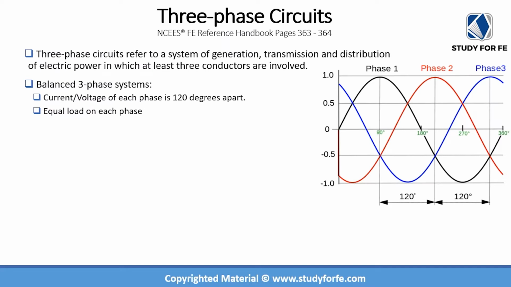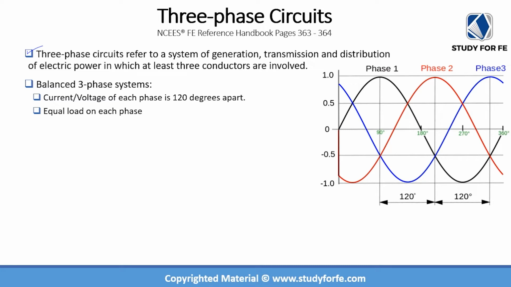To put it simply, three-phase circuits refer to a system of generation, transmission, and distribution of electricity in which at least three conductors are involved. Virtually almost all electricity is generated and distributed as three-phase power rather than single phase.